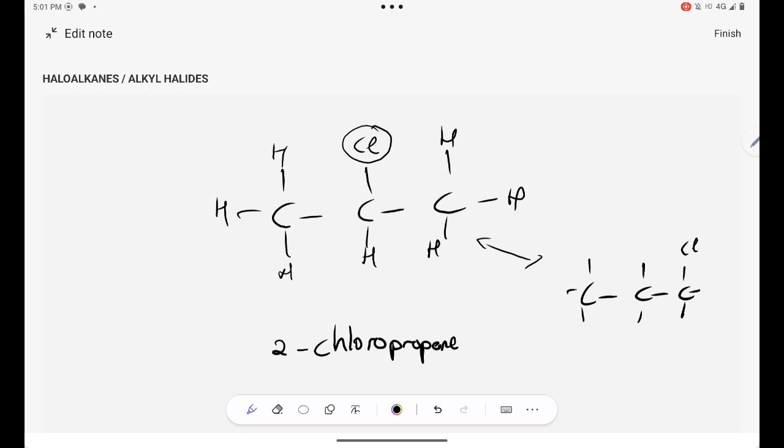For this compound, at carbon number 2, I have my chloro, the addition of this chlorine on the propane. So that's how easy it is to name.